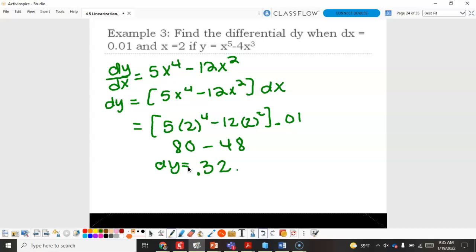Okay. So in terms of this problem, if this is the graphical aspect, which is delta x, our initial point, 5x to the 4th minus 12x squared, so let's assume it looks like that. I really have no idea where we are.